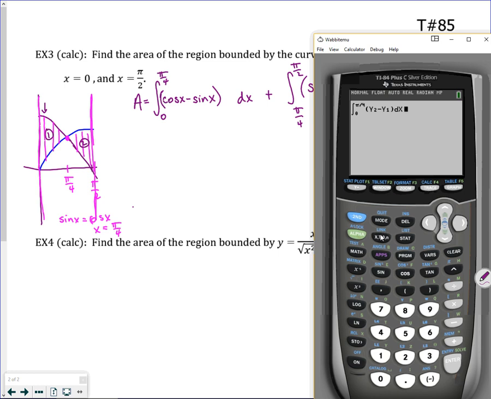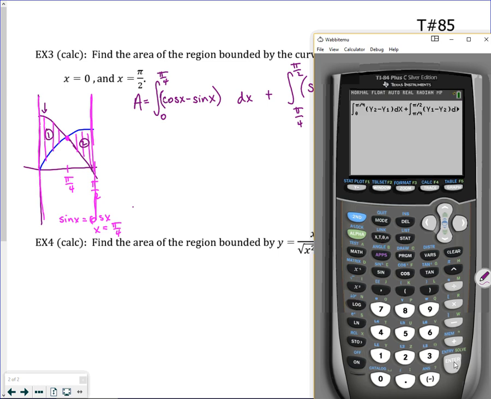But I want to integrate with dx, so that's my first one, plus, I can hit Math 9 again, pi over 4, not e, typed in the wrong thing, pi over 4 to pi over 2. And this guy is sine minus cosine, so that was y1 minus y2, and again dx.